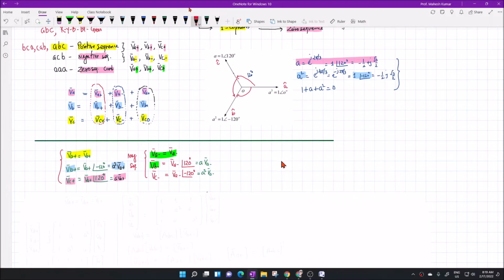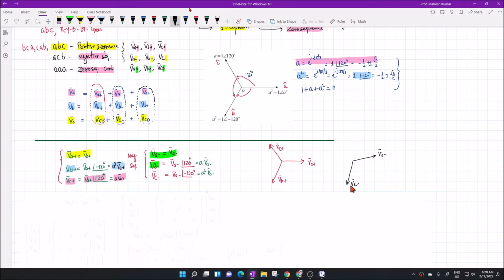For example, if this is the positive sequence, this is VA plus, then this will be VB plus, this will be VC plus. But for negative sequence, it will be like this, that we have VA minus, then this will be VC minus, because this is negative sequence.